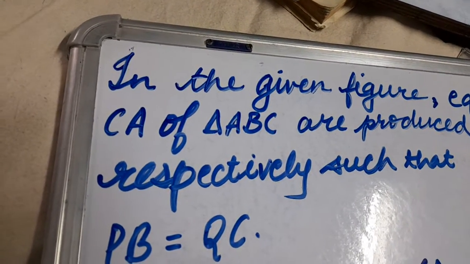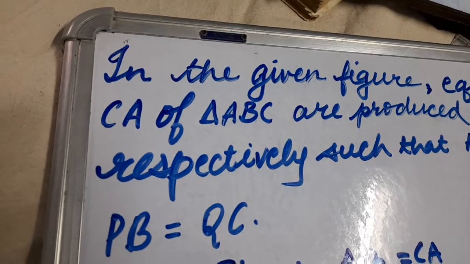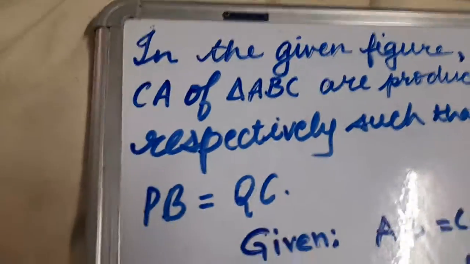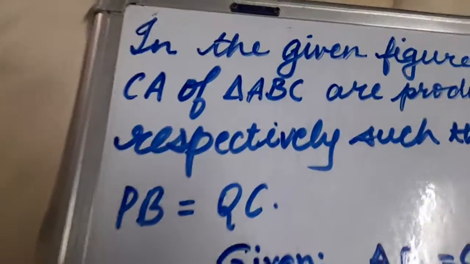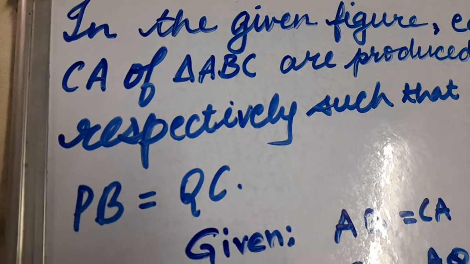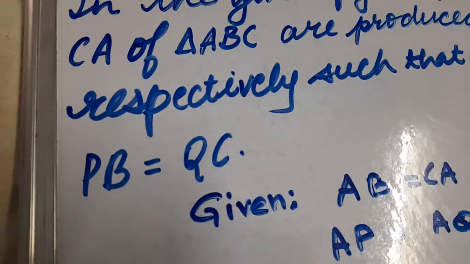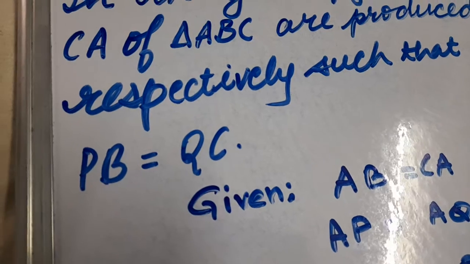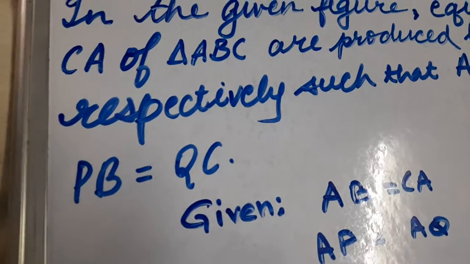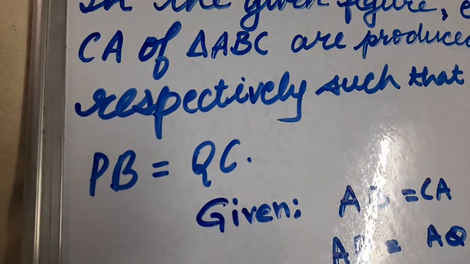Now we come to the proof. In triangle PAB and triangle QAC, AB is equal to CA.